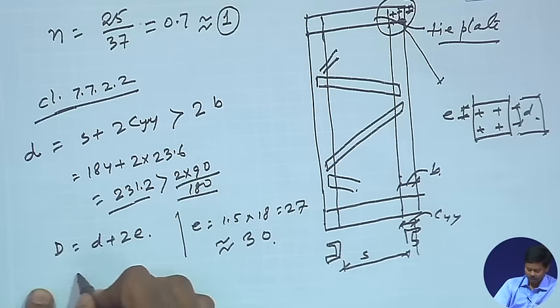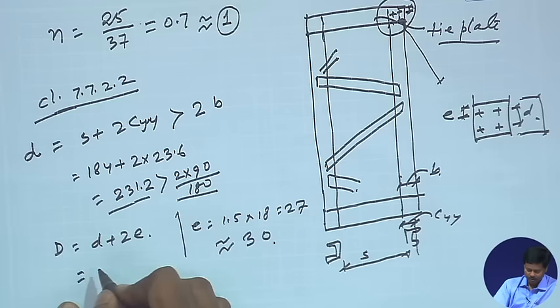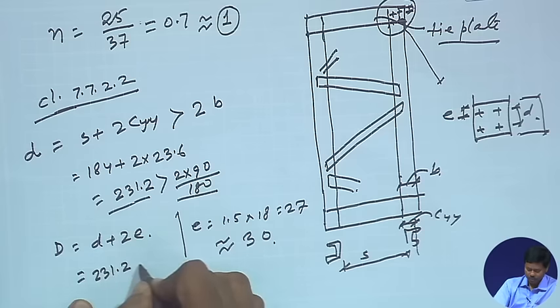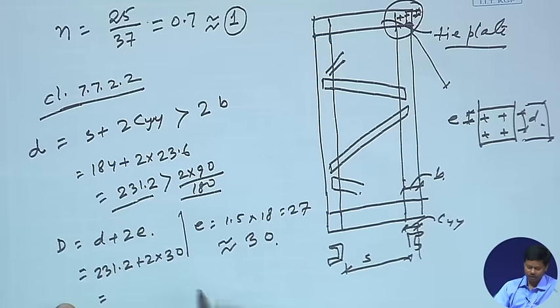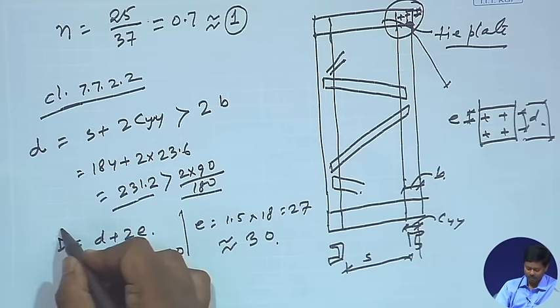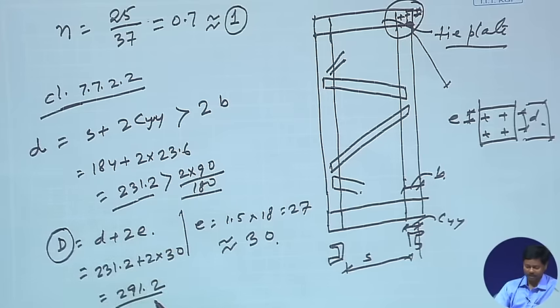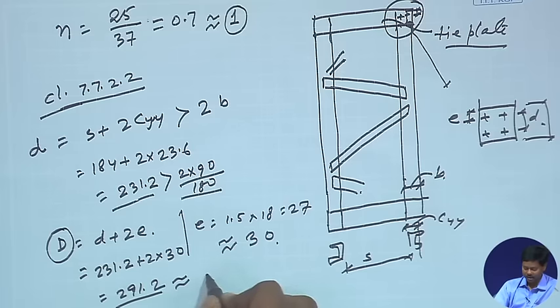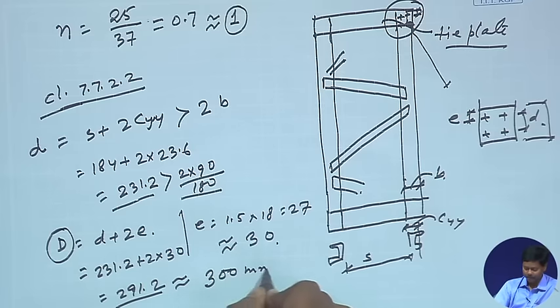So, the overall depth I can find out from this: earlier we found effective depth as 231.2 plus 2 into E, which is 30. So, this becomes 291.2. That means the minimum overall depth of the tie plate will be 291.2, or we can provide a little higher side, that is say 300 millimeter, right.